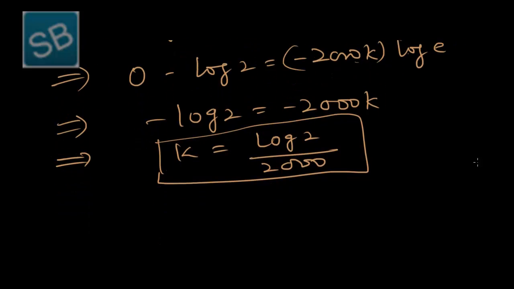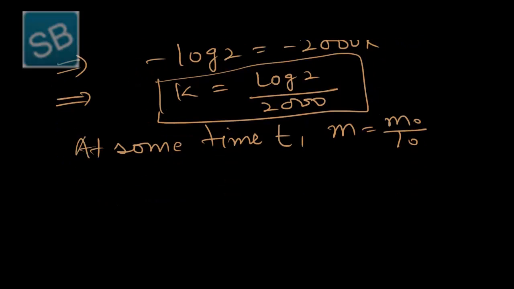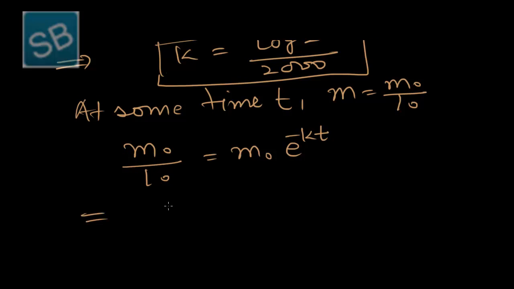Now we have to get the time period when m becomes 1/10 of the original value. So at some time t, suppose m is equal to m naught by 10. Then from equation 1, m naught by 10 is equal to m naught e raised to power minus kt. So we get 1 by 10 is equal to e raised to power minus kt.